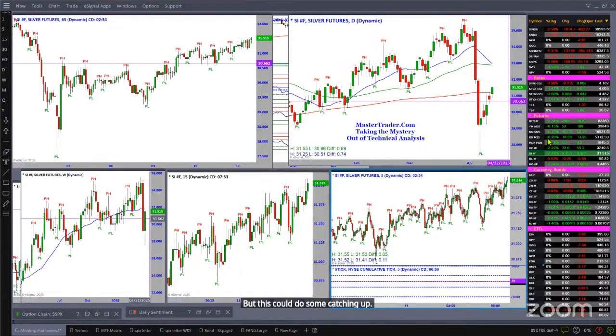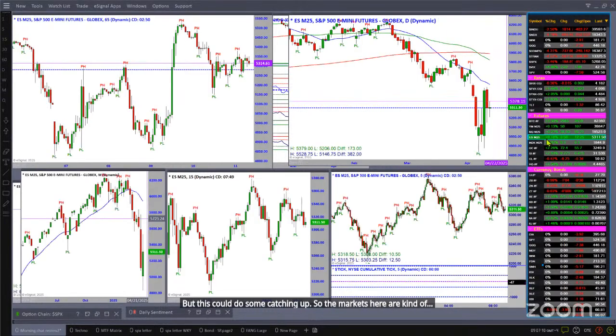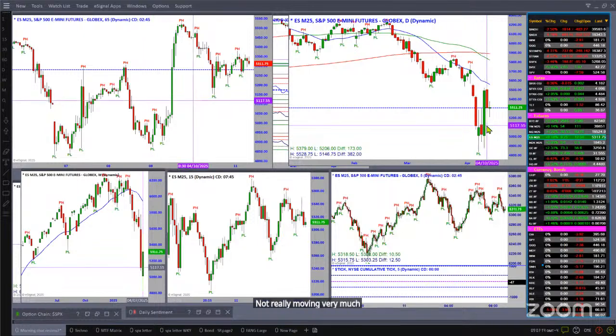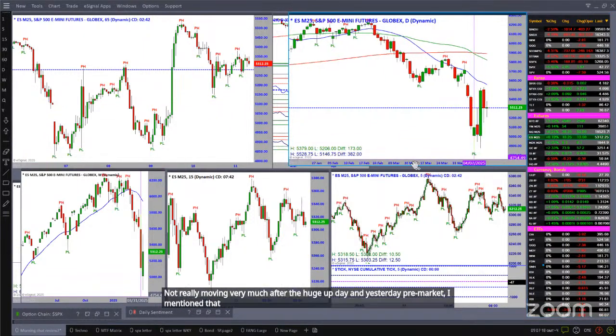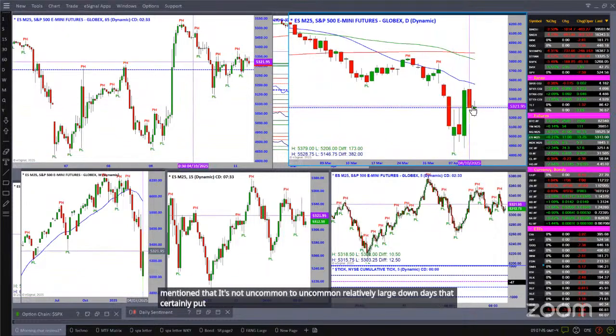So the markets here are kind of, I guess, in a shock, not really moving very much after the huge up day. And yesterday pre-market, I mentioned that it's not uncommon to have relatively large down days that certainly put the up day in question.